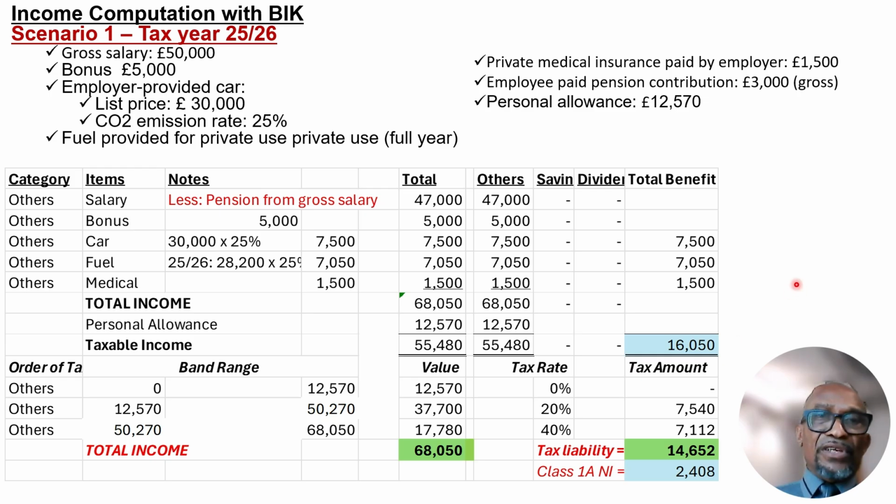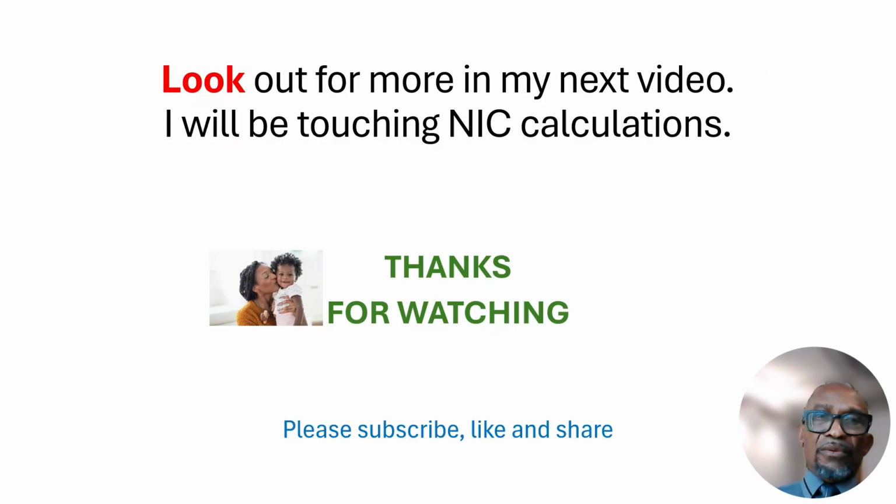If you have followed this logically, go through this. This area is very important, so you know the rate and the value you are taxing at those rates. Right. Next time, I'll be looking at NI calculations.